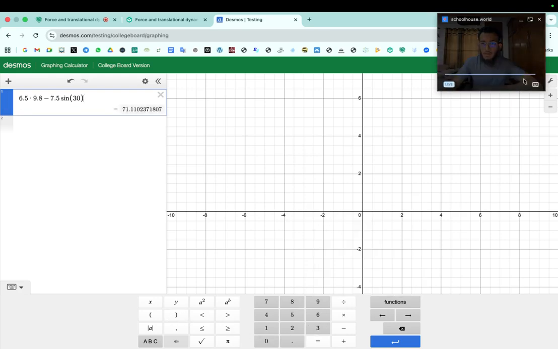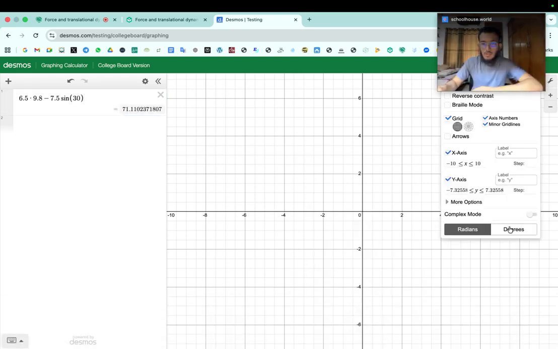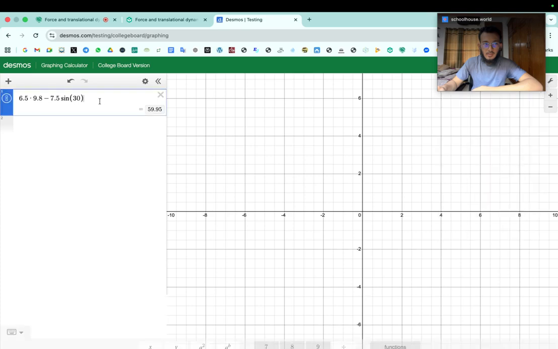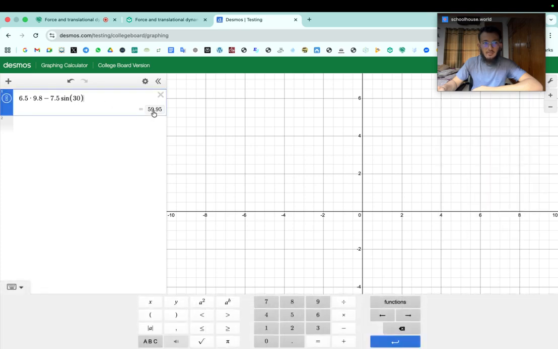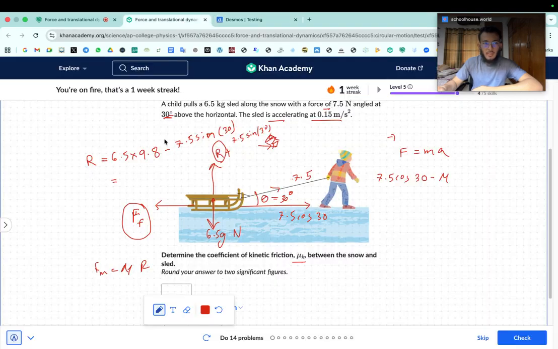Now the problem is you have to change this to degrees in order to get the correct value for sine, and we get 59.95. Okay, so this is 59.95.